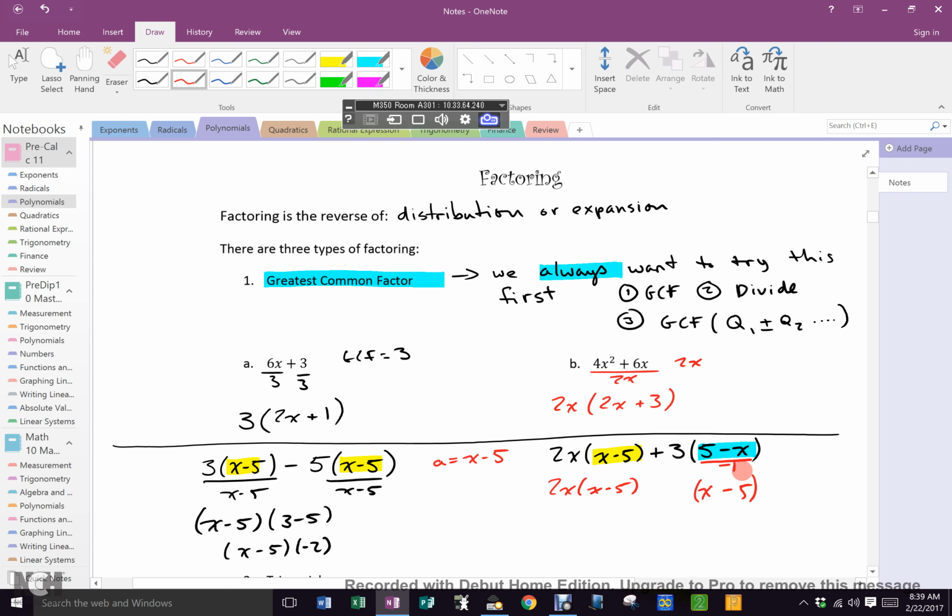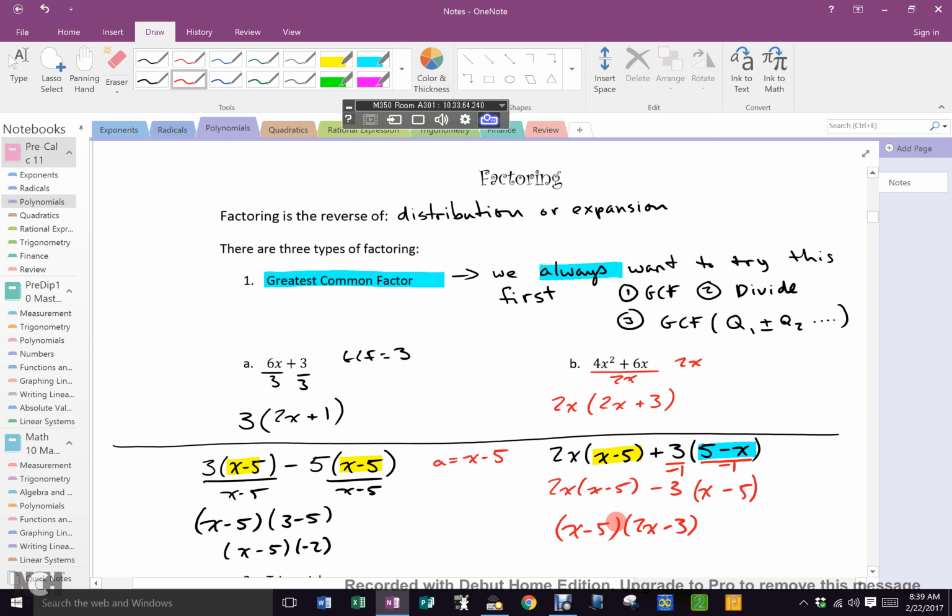Positive x. And what does that turn this positive 3 into? Negative 3. Now my GCF is x minus 5. And the other factor is what? 2x minus 3. That's about the most complicated GCF one you can do.